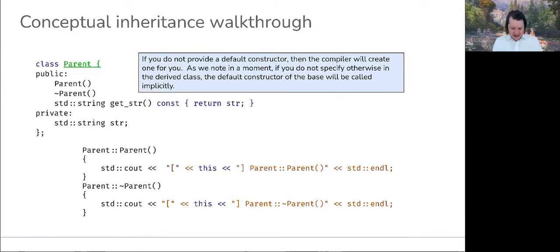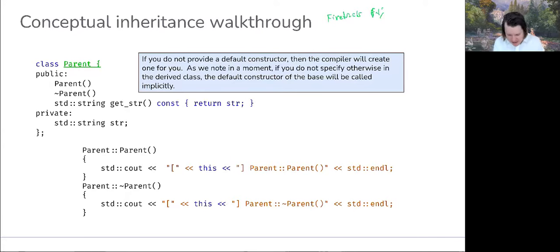What we're going to see here is that if we were to create a fire truck, depending on how we've defined default construction for fire truck, and let's say we haven't, both the default constructor for the base type, in this case truck, would be invoked, as well as the default constructor for the derived portion, which would be fire truck.